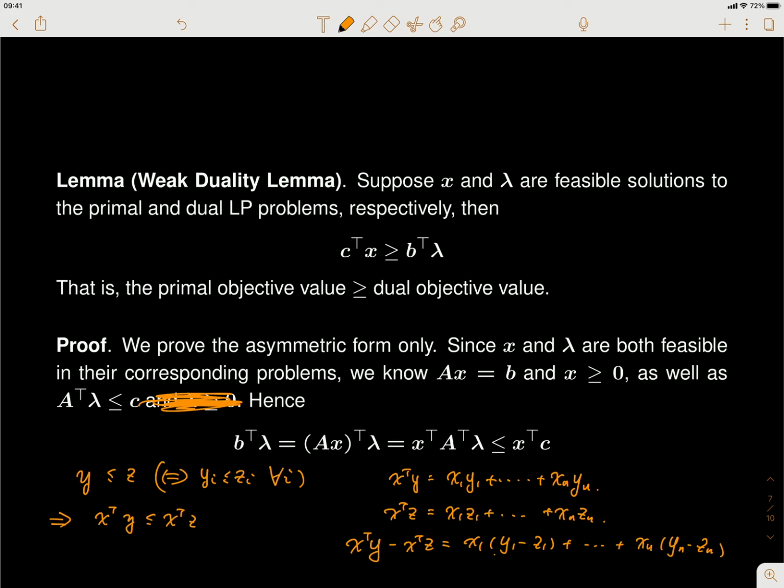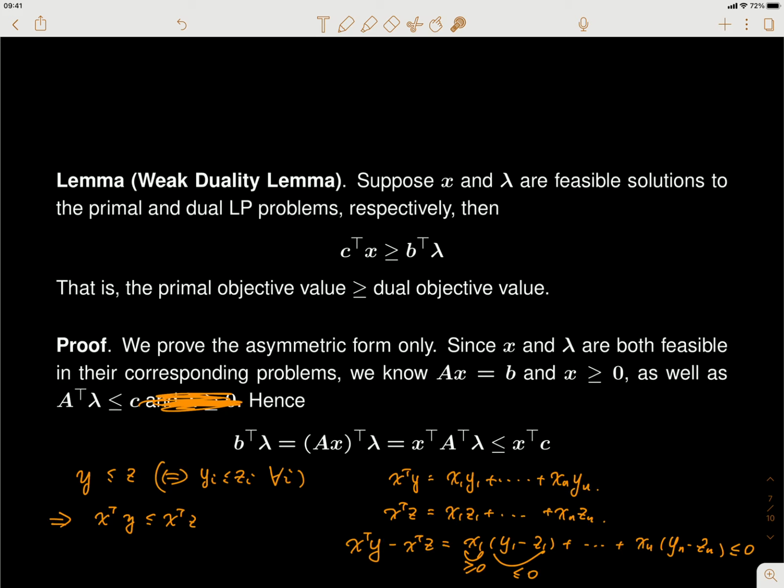We know that y1 minus z1 is less than or equal to 0, while x1 is greater than or equal to 0, so the product is less than or equal to 0. That is the same for all the terms, so the whole thing must be less than or equal to 0. When you move this to the other side, you just have this.